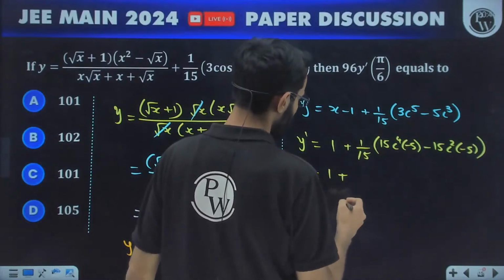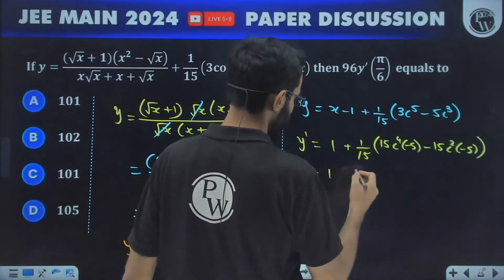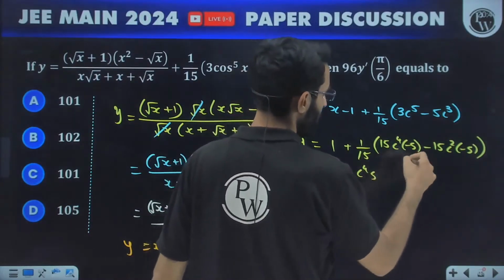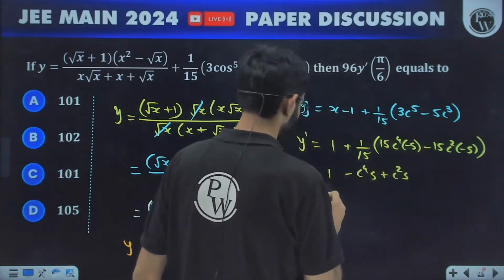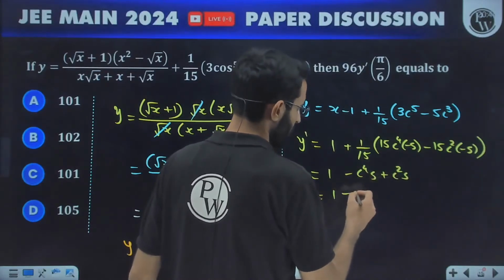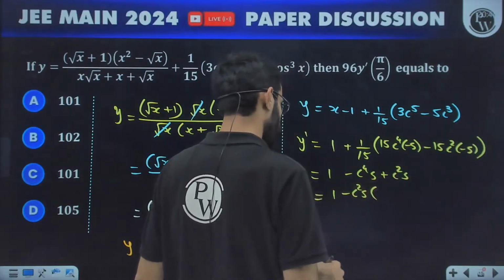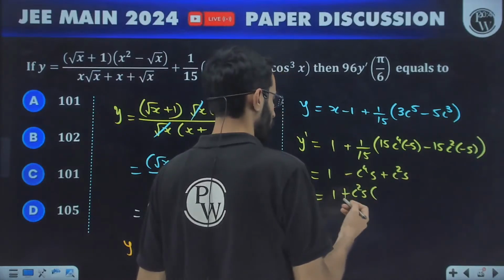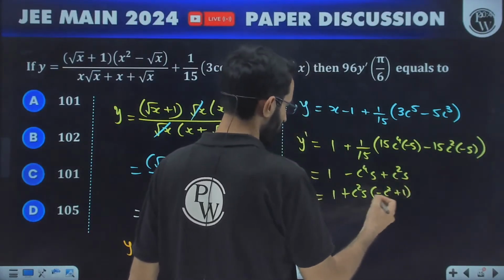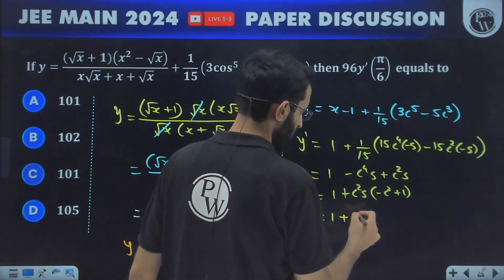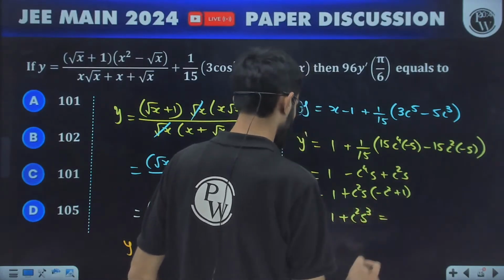The 15 by 15 will become 1, plus minus will become minus cos to the power 4 into sine, minus minus plus, this will become cos square into sine. To simplify this further, you can take cos square sine common. If you take cos square sine common, here you are going to have minus cos square plus 1. 1 minus cos square will become sine square. So this is 1 plus cos square into sine cube.